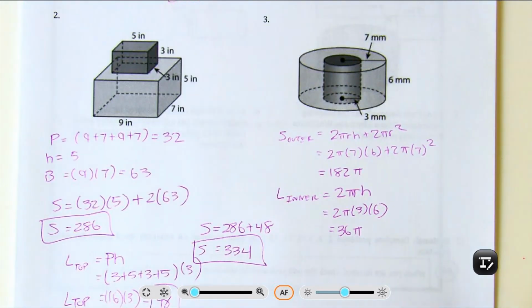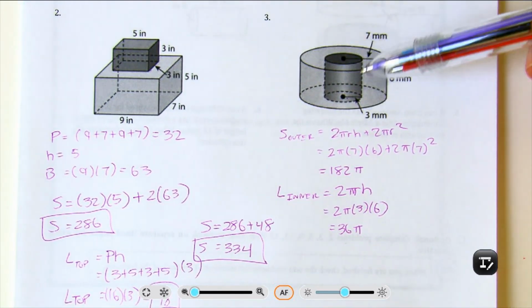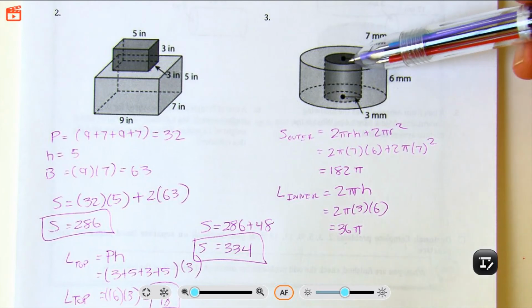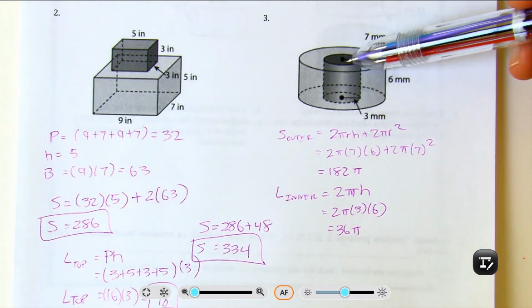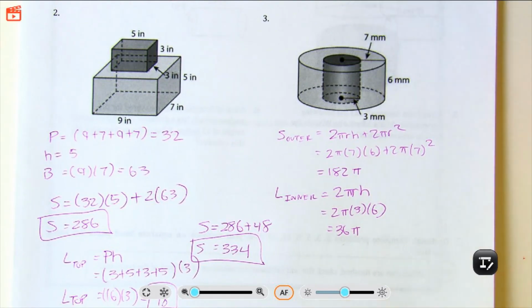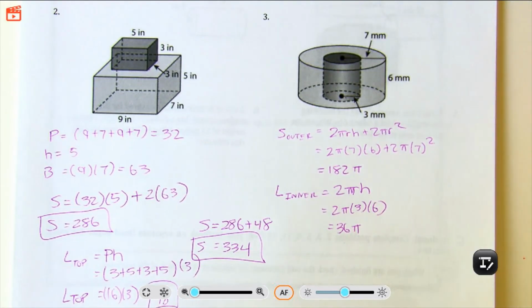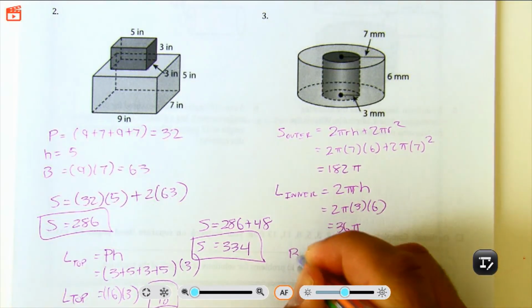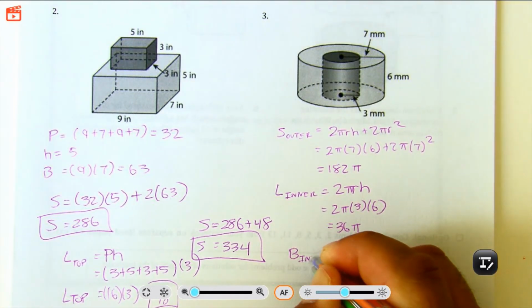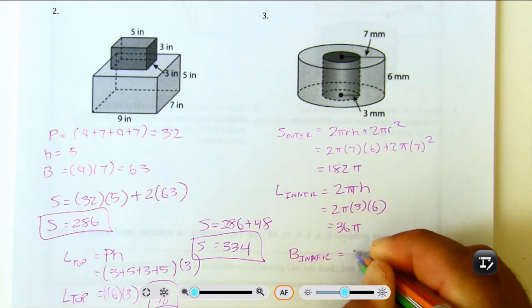Now, because I am removing the bottom circle and the top circle, because remember I'm drilling this, I need to subtract the area. So I need to find out the base of the inner, which the formula we're going to use is pi r squared.